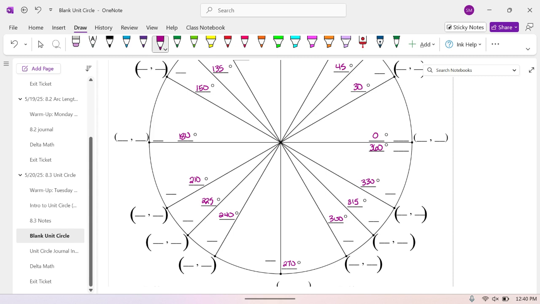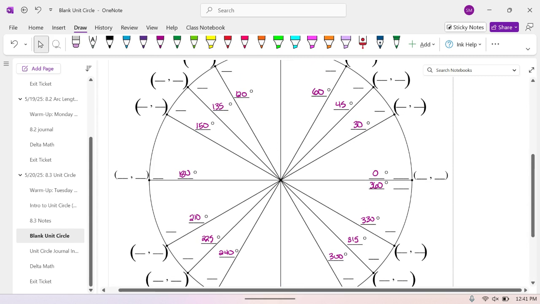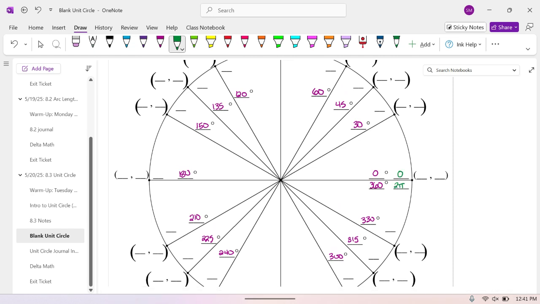All right. Then I would do the radians. So again, start in the horizontal right side. This is still 0. This will be 2 pi. And then think about your fractions. So you always start with the 6, then you go to the fourths, the thirds, and then the halves.